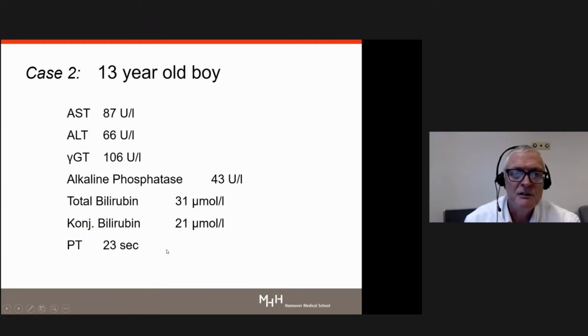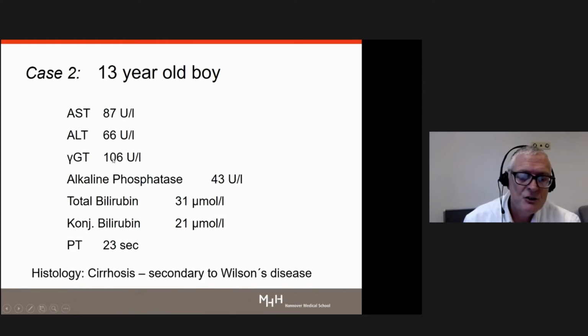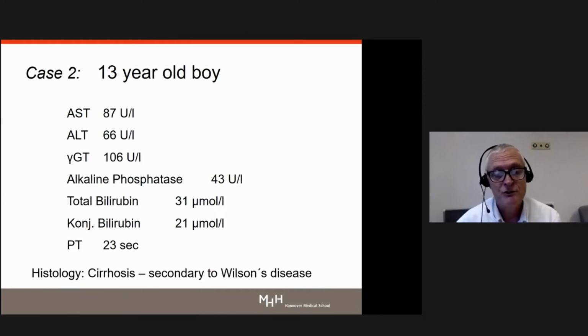And again, the PT is prolonged, so there seems to be significant liver disease. Now, the suspected diagnosis is in this figure. The key is the alkaline phosphatase, and the key is the lowest aminotransferases. This child, again, had cirrhosis, but this was secondary to Wilson's disease.